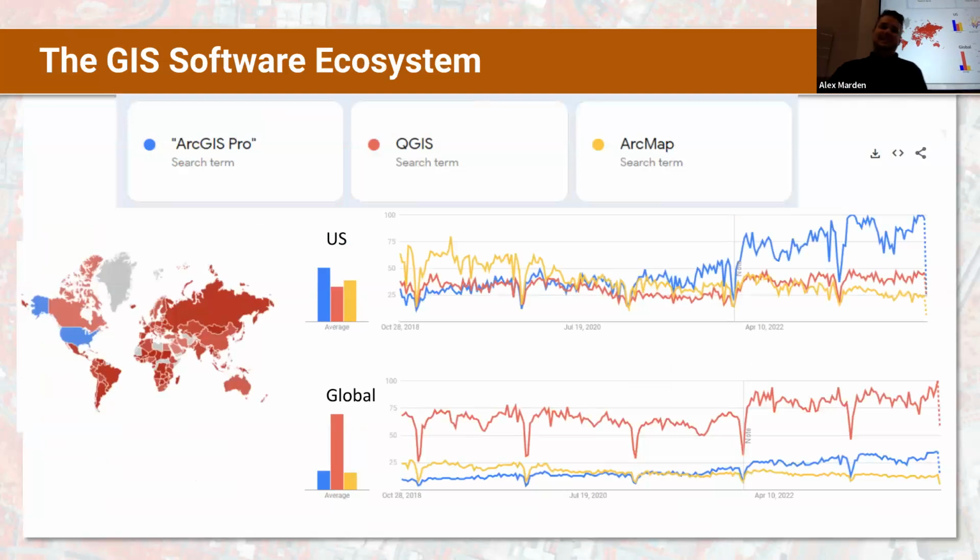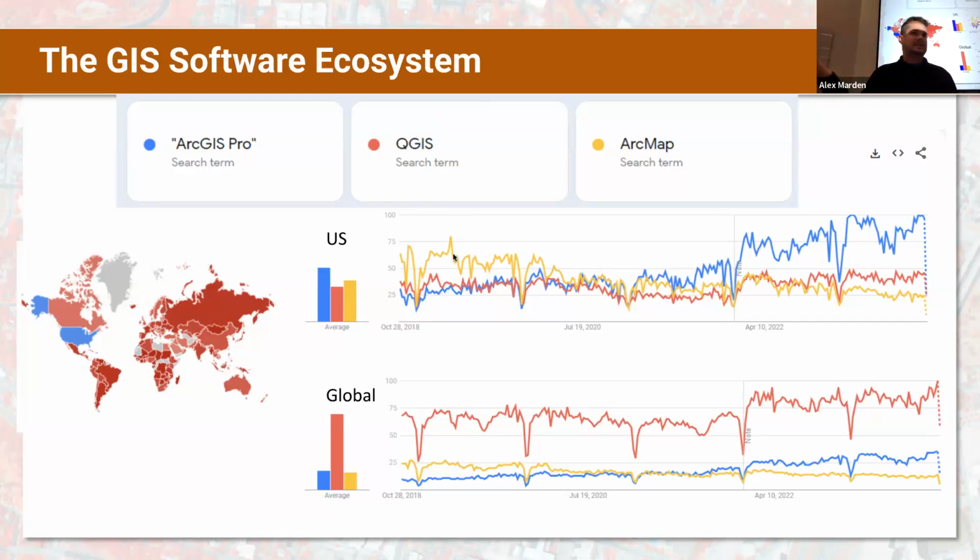So talking about this sort of landscape of popularity, you can see in the US, and there was just a change where the ArcMap desktop software was the main Esri software until about 2020, and then ArcGIS Pro is the new sort of Esri standard software that's being introduced. So you can see that popularity change here.